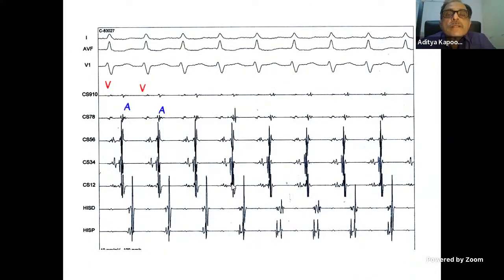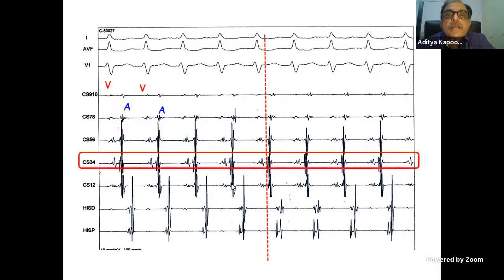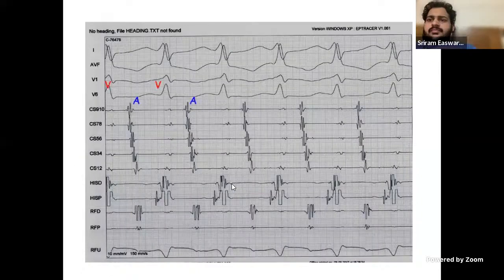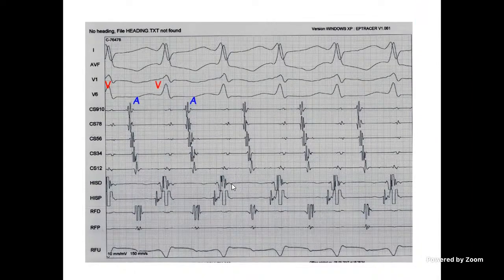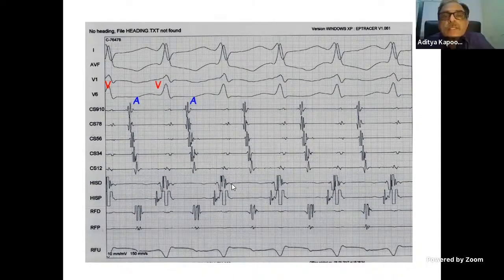It could be the middle of the CS. So you need some mapping, and we'll do maneuvers to find out what type of tachycardia it is. But it's a long RP tachycardia. The differential diagnosis we have been told: atypical AVNRT, a decrementally conducting accessory pathway in the retrograde direction, or an atrial tachycardia, right?